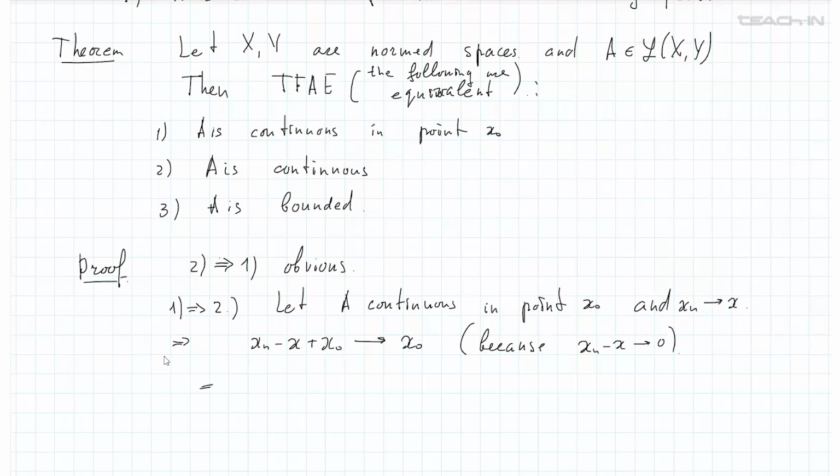Then our operator is continuous at point x0, so A(xn minus x plus x0) tends to Ax0. Then the operator is linear, so by linearity of the operator I can rewrite the left side in the following way.